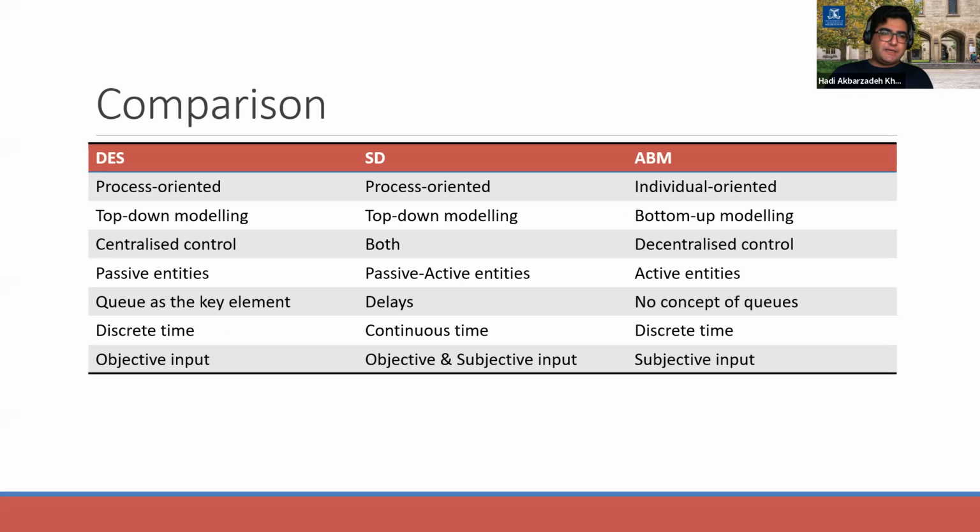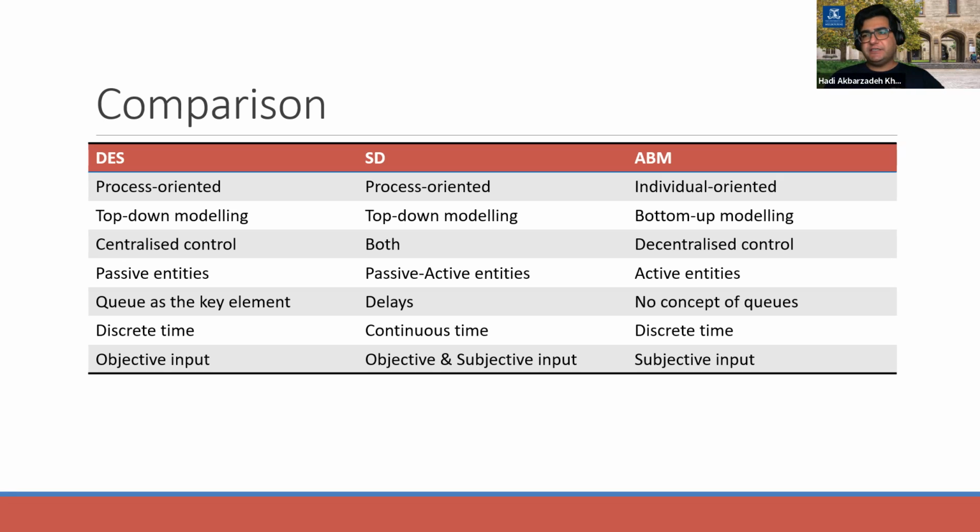So just a rough comparison between these three techniques. DES and ABM, which is discrete event simulation and agent-based modeling, are on two sides of the spectrum, quite opposite to each other. And system dynamics is in between. It has similarity with DES and similarity with agent-based, and also it's different from both of them.